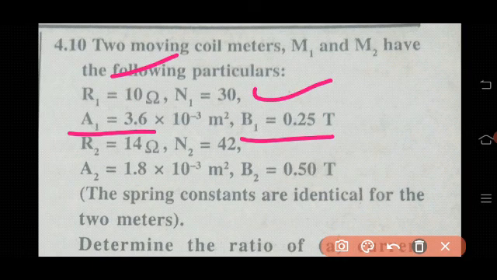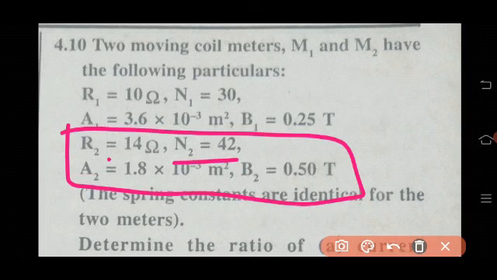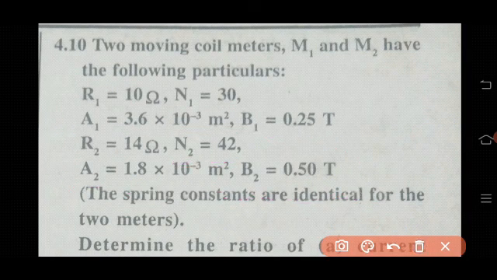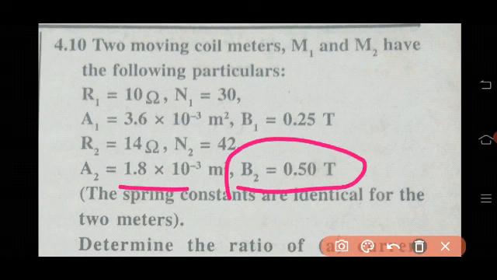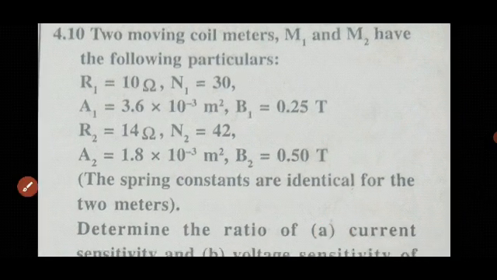Similarly for the second moving coil meter: R2 equal to 14 ohm, N2 number of turns is 42, the area is 1.8 into 10 to the power of minus 3 meter square, and the magnetic field B2 is 0.50 Tesla. Okay, so what do we want to find out?